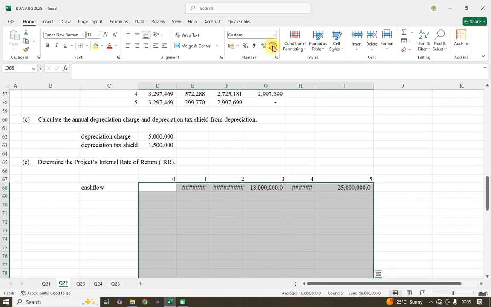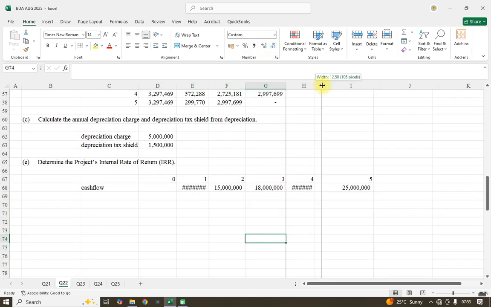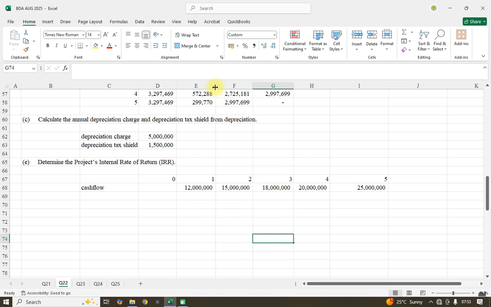Yeah, 12, 15 million, 18, 20 million, and 25 million. That way, that is our cash flow.